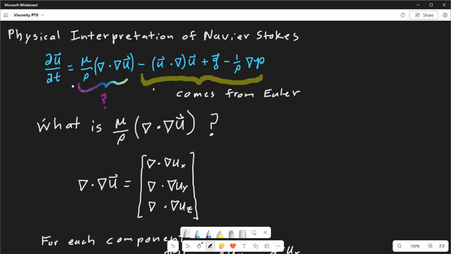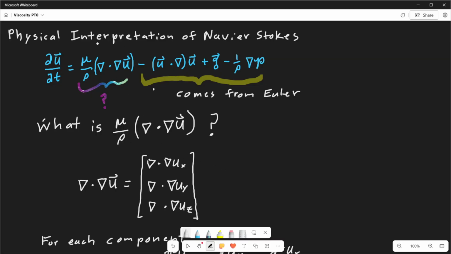So what's affecting the force of viscosity looks like the Laplacian of the component of the velocity, and that creates a force in that component's direction, for each of the three components of the force.